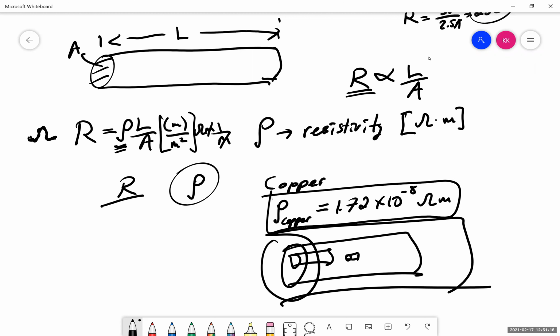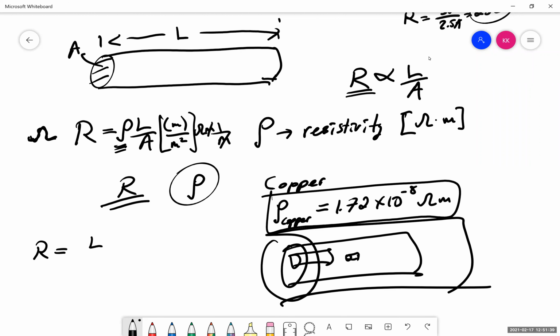Then how about the resistance of a copper wire? Well, now resistance is different depending on the type of wire I have. So resistance depends, remember, on length. That means a longer copper wire has a greater resistance. A shorter copper wire has a lower resistance. A bigger area copper wire has a lower resistance. A small area has a large resistance.